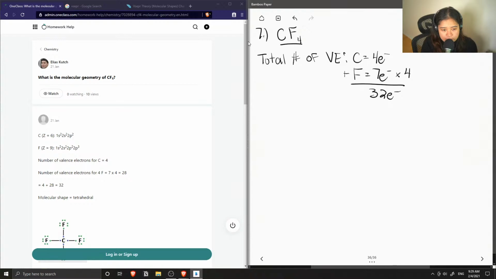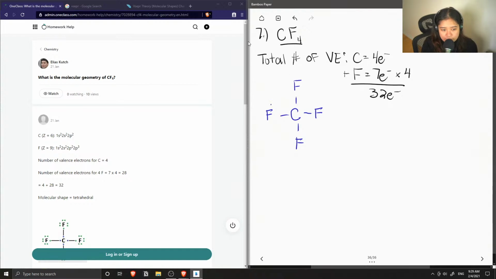Okay, so now let's draw out our skeletal structure, with carbon being our central atom since it is able to form multiple bonds and because it is the least electronegative. And we can draw our 4 bonds to fluorine, like so.